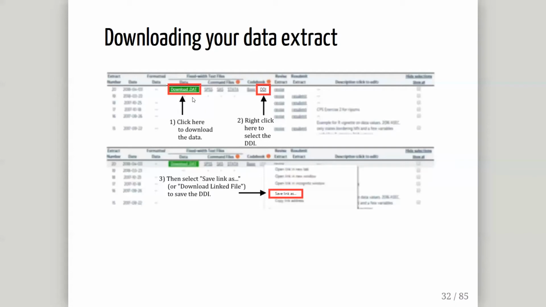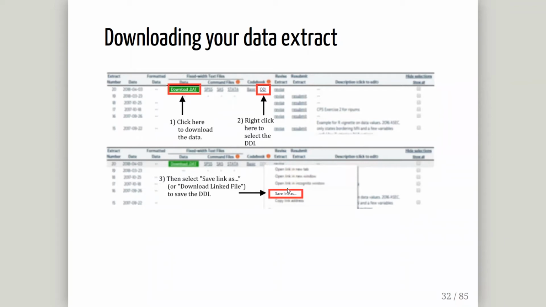First you need to click the download .dat button or link and save that data file. Then you have to right click that DDI link, and that'll bring up the right click menu. Depending on the browser that you're using, on Firefox and Chrome, you'll want the option called something like save link as. If you're using Safari, you'll want to choose download linked file.